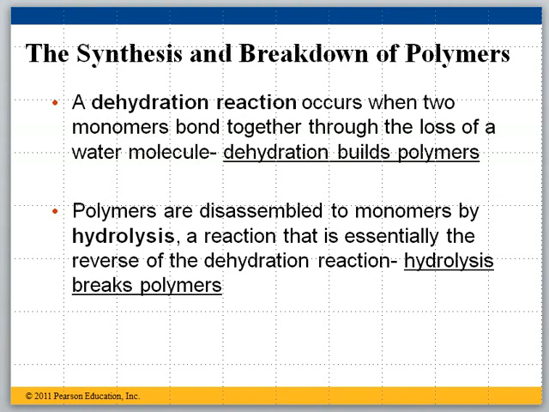And when that happens, that breaks this bond apart, and that water molecule then becomes part of the two separate pieces. So hydrolysis is adding a water molecule, and in the process breaking this long chain of polymers into smaller pieces. So dehydration builds the chain, makes it longer. Hydrolysis breaks the chain and makes it into smaller pieces.